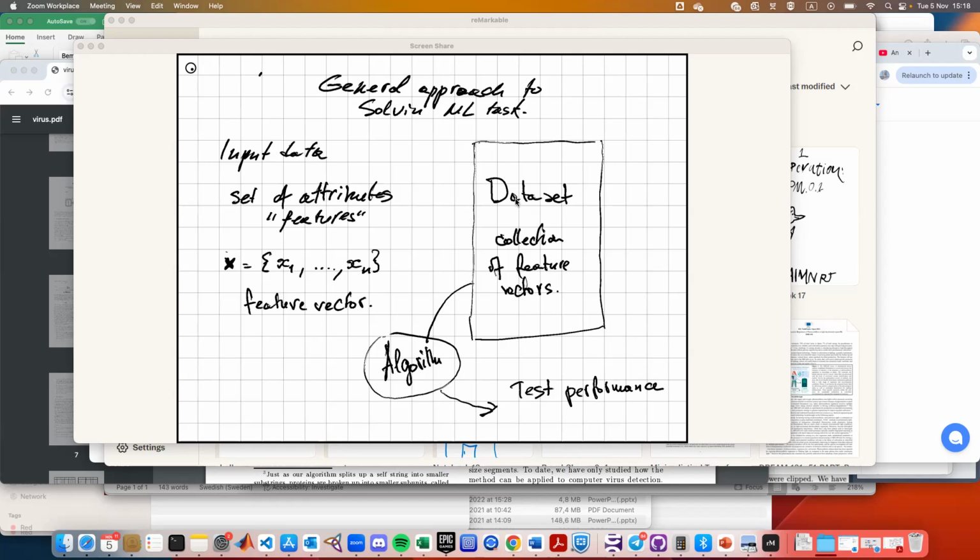So it's quite straightforward process. Take data, put it into the algorithm and test performance.